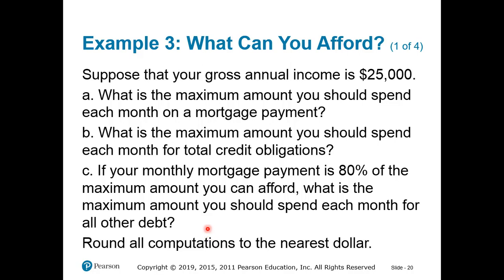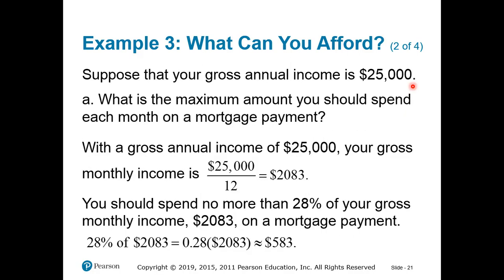The first one asks, what is the maximum amount you should spend each month on a mortgage payment? This is $25,000 a year, and it's no more than 28% of your monthly gross income. So if you take 25,000 divided by 12, that's your monthly gross income, and 28% of that is your monthly mortgage payment. You should not spend any more than that on your mortgage.